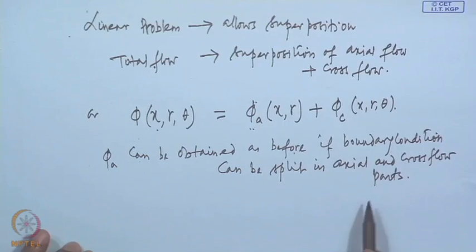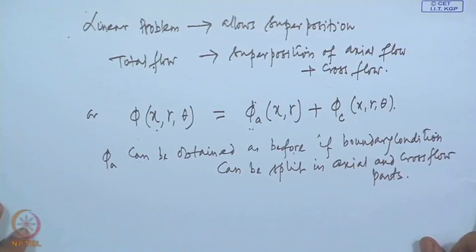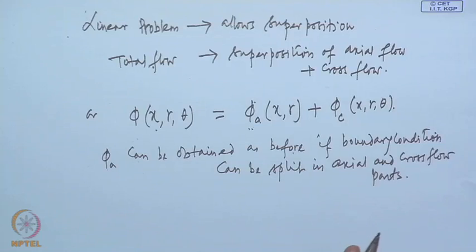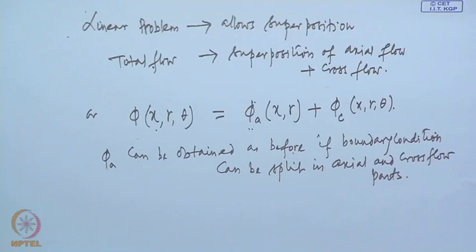Anyway, we will see that this boundary condition can also be split in axial and cross flow part. However, at this stage we will just assume that the boundary condition can really be split, and we can get a separate solution for phi a and obtain the solution by the method that we have discussed earlier.